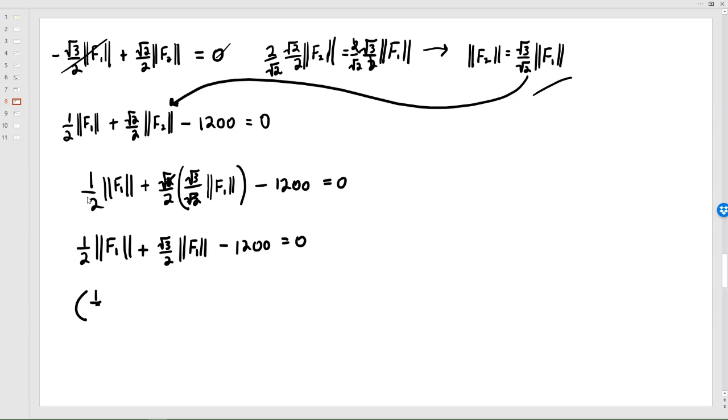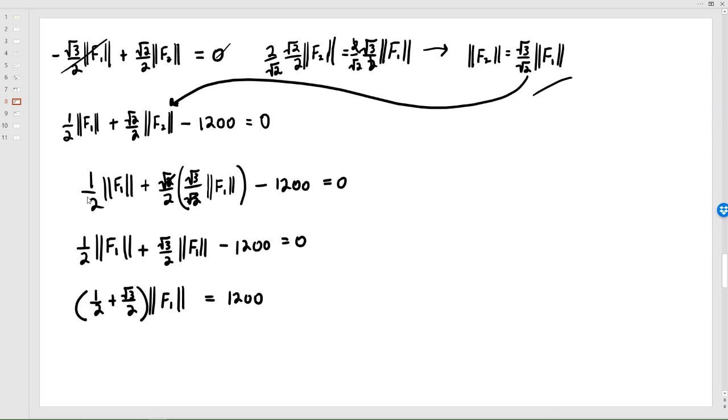We know that 1/2 plus square root of 3 over 2 times the magnitude of F1. If I add 1200 to both sides, I can write this equals 1200.